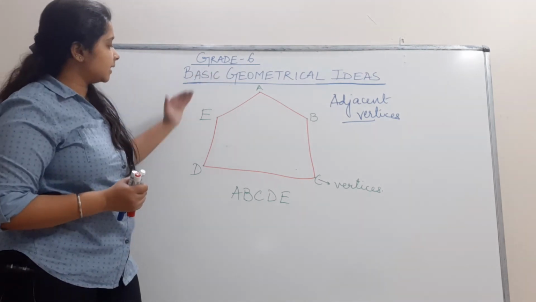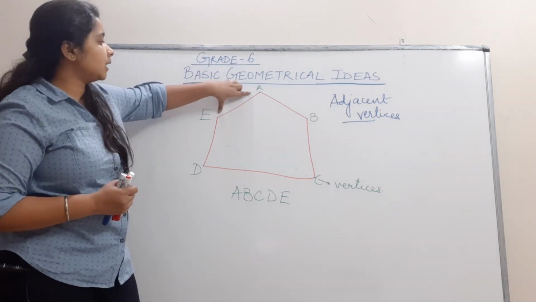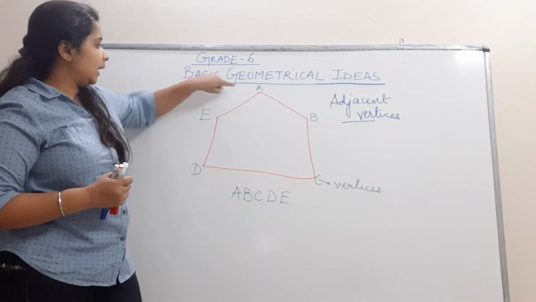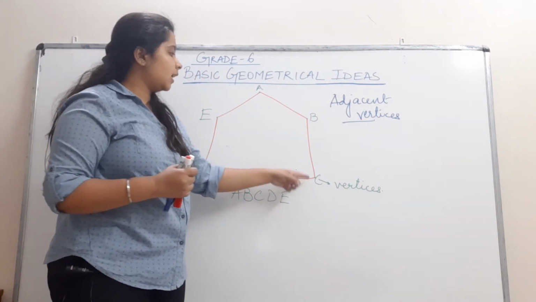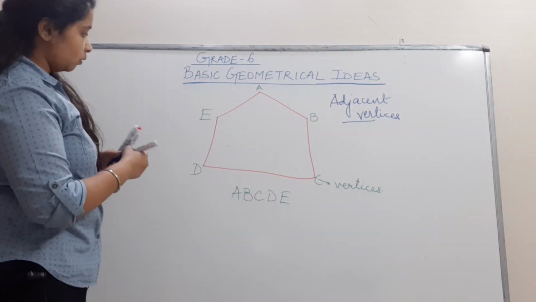And what are adjacent sides? Now, what are sides? Sides are the line segments joining the two adjacent vertices. So, AE is one side, ED is one side, DC is one side, CB is one side, and BA is one side. So, what are the sides?